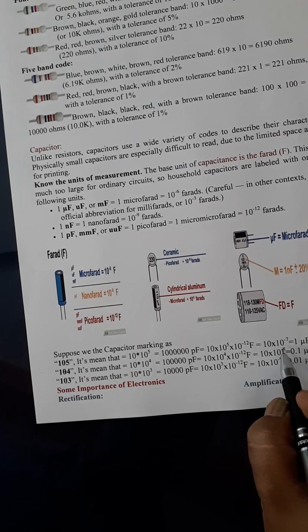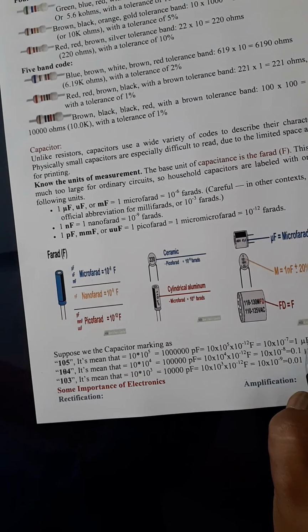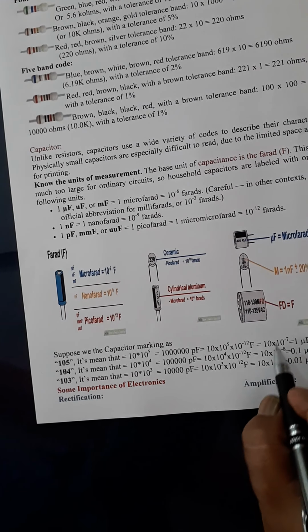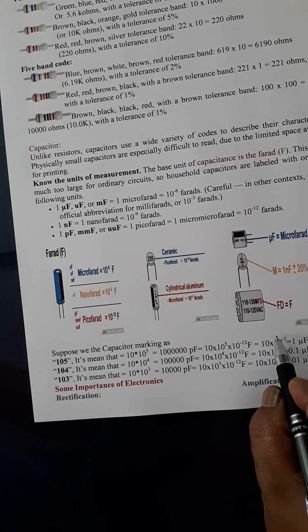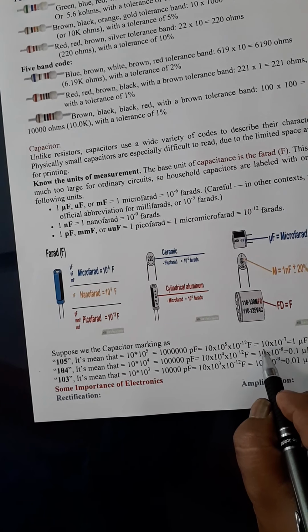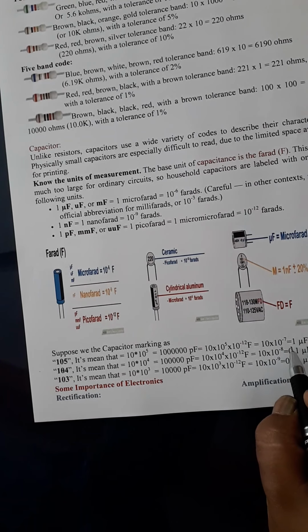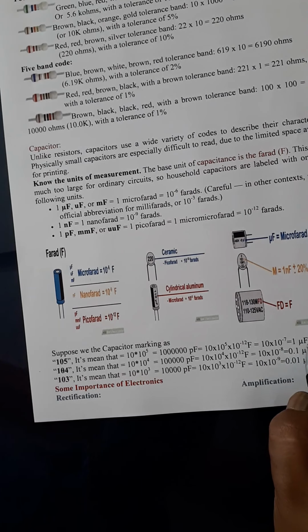Here I can convert 10 to the power of minus 7 to 10 to the power of minus 6, because I know 10 to the power of minus 6 is a microfarad. So I will rewrite 10 into 10 to the power of minus 7 as 1 microfarad.